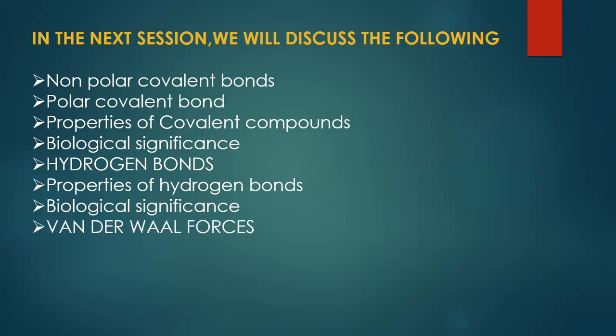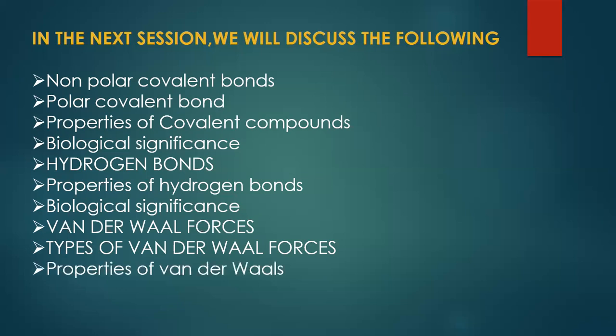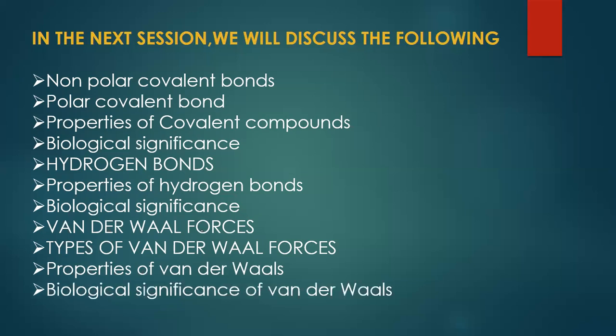Then we'll also discuss the van der Waals bonds, the types of van der Waals bonds, such as the London dispersion and other types. Then we'll look at the properties of van der Waals bonding and its biological significance. And that's the end of this chapter 1.